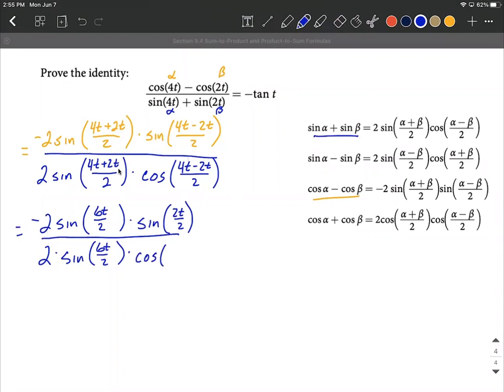So we can say 4t minus 2t, again, is 2t, divided by 2.